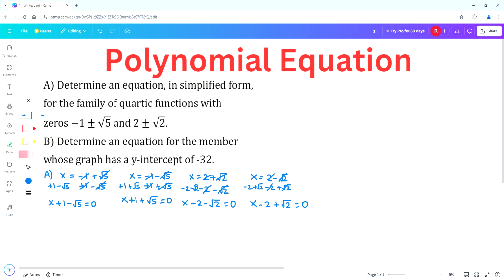Now we can use these four factors to write the equation for the family of quartic functions in factored form.